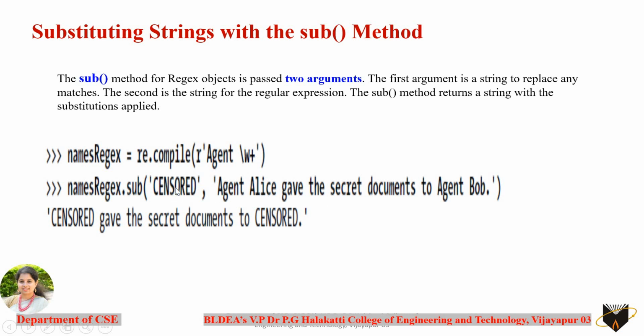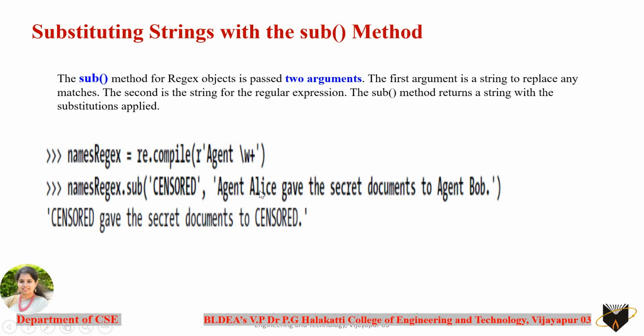The first argument is the replacement value. So in this example, I want to replace matches with the value censored, wherever it matches this pattern. For example, agent is as it is, followed by the space and followed by characters with one or more occurrences until it gets to the next unmatched value.